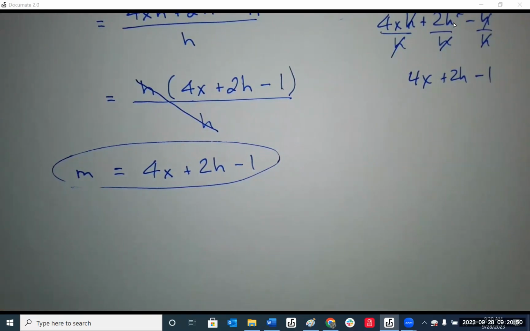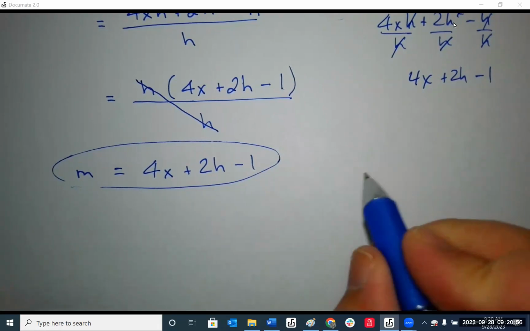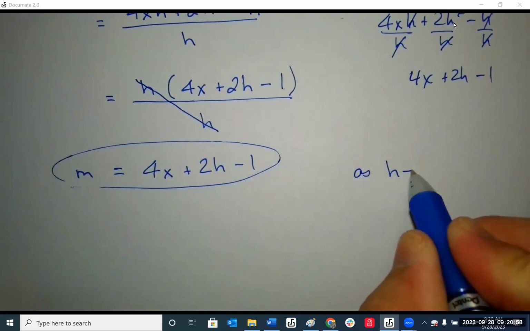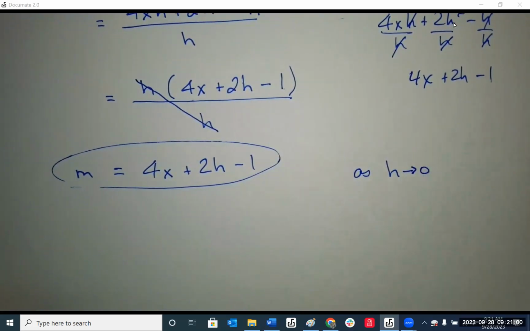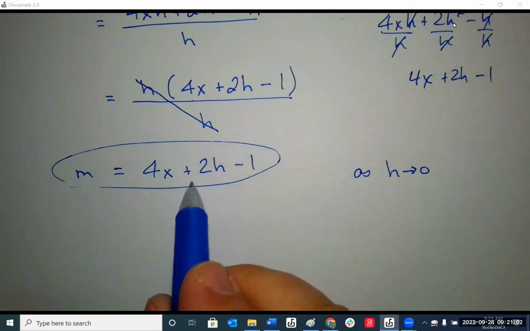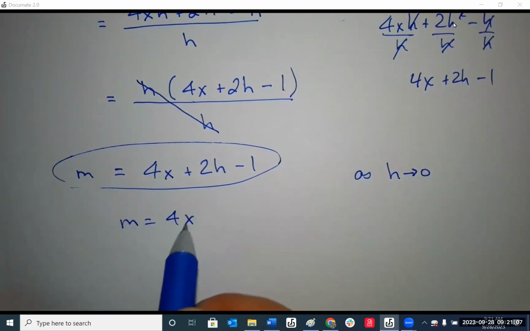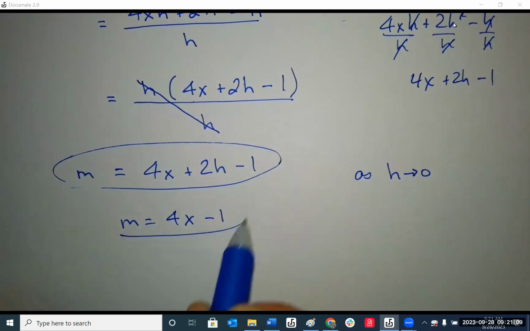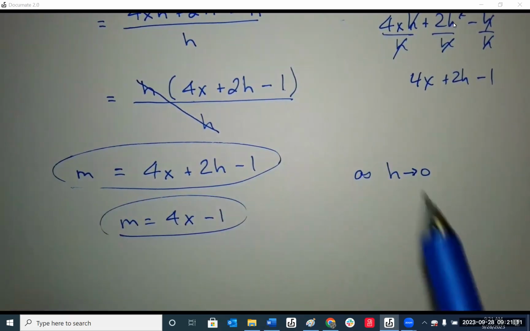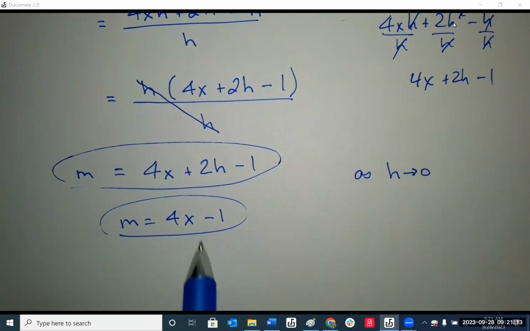but remember, as we said, when we look for the tangent line, our distance has to be 0. So as h goes to 0, this middle term disappears. So the true equation of that point, as h goes to 0, is our form.